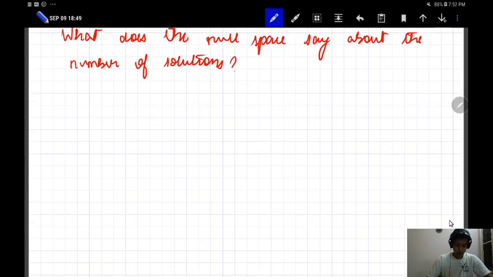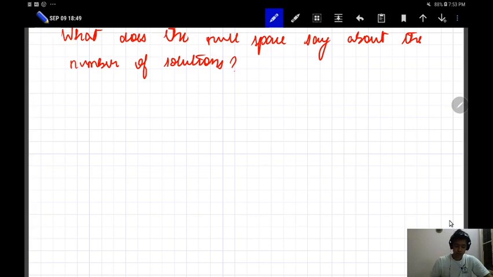So firstly, we've seen that the column space tells you something about the set of solutions of a linear system. A solution exists if and only if the vector b lies in the column space of A. But what does the null space say about the number of solutions? The column space says whether there exists a solution or not.